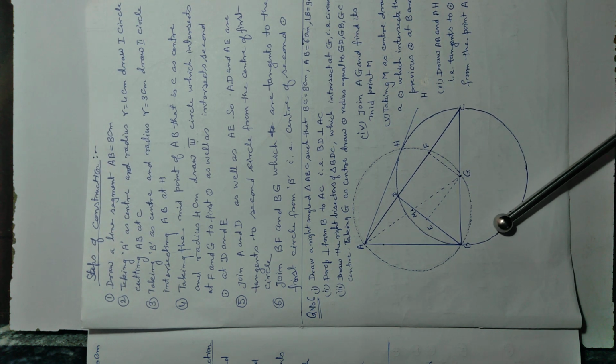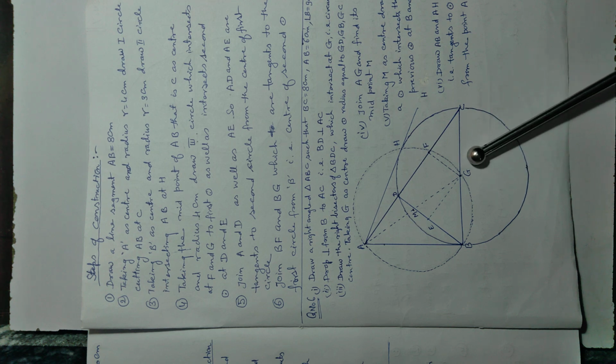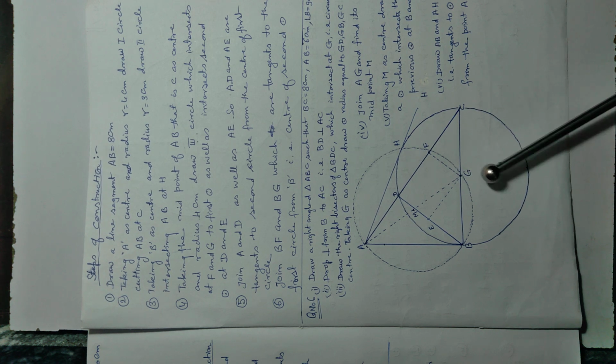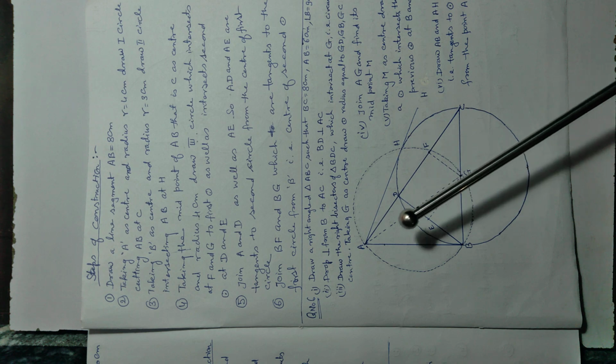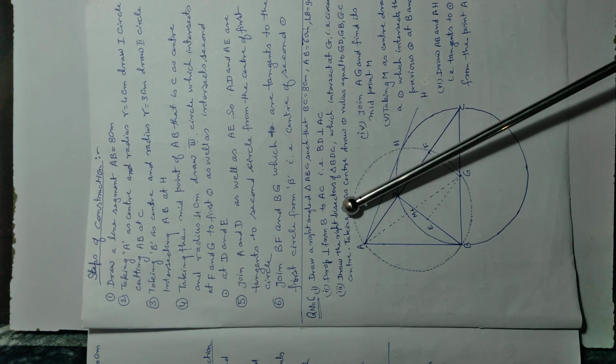So these are the tangent to the circle, circumscribed circle from the point A. Let us see the steps of construction.